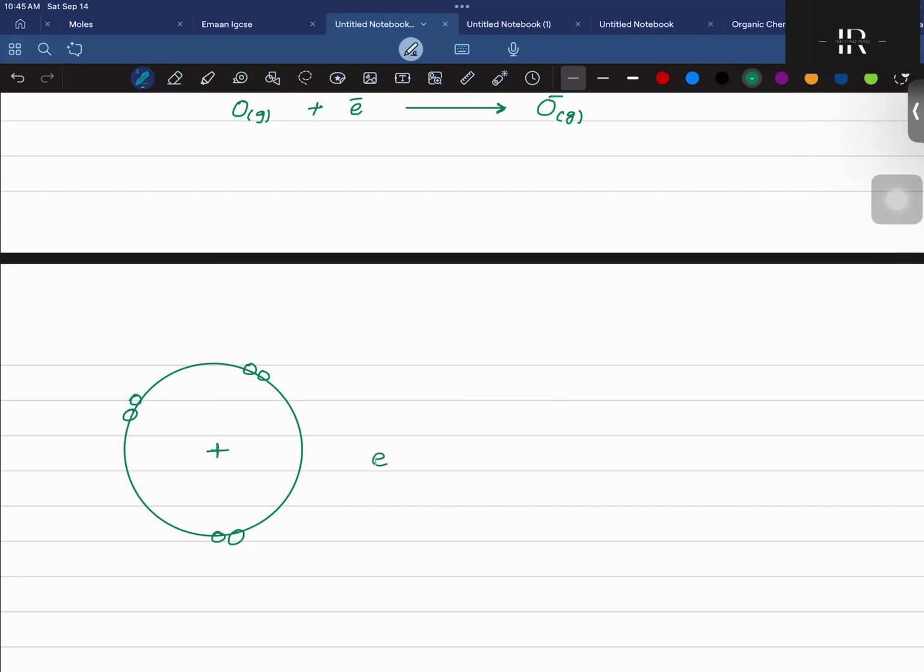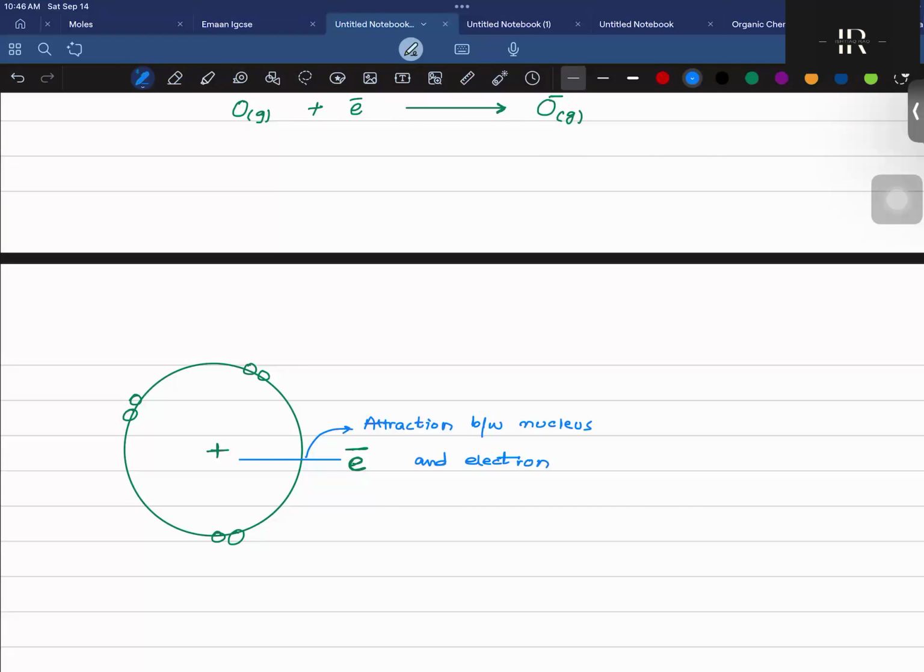Since this is an electron, when this oxygen is going to gain this electron, when it's coming closer to this oxygen atom, obviously they will be attracting each other. Attraction between the nucleus and electron.